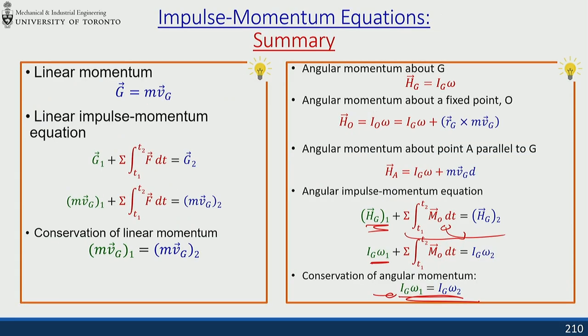Okay. Again, just a longer summary slide. The only thing I want to point out is the conservation of momentum. When we say it's conserved, that means mass times velocity at the start equals mass times velocity at the end. If there's an impulse, then it's no longer conserved.